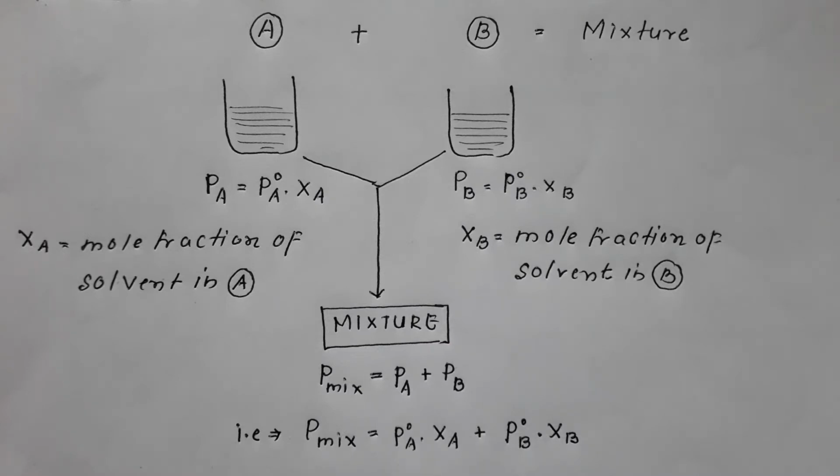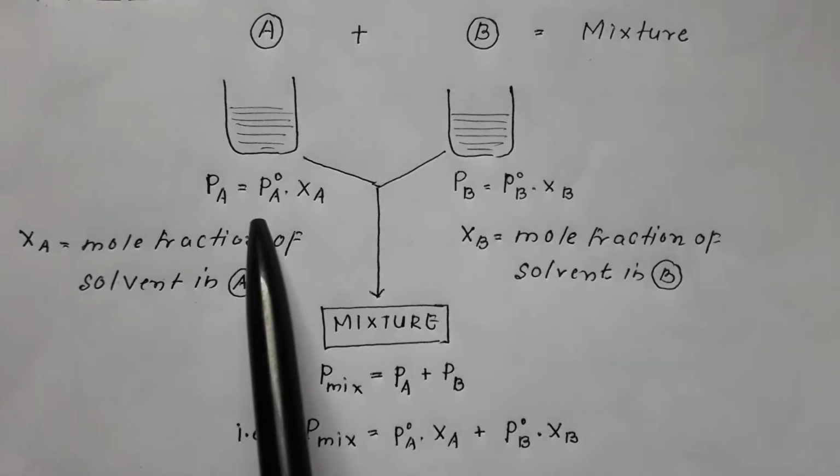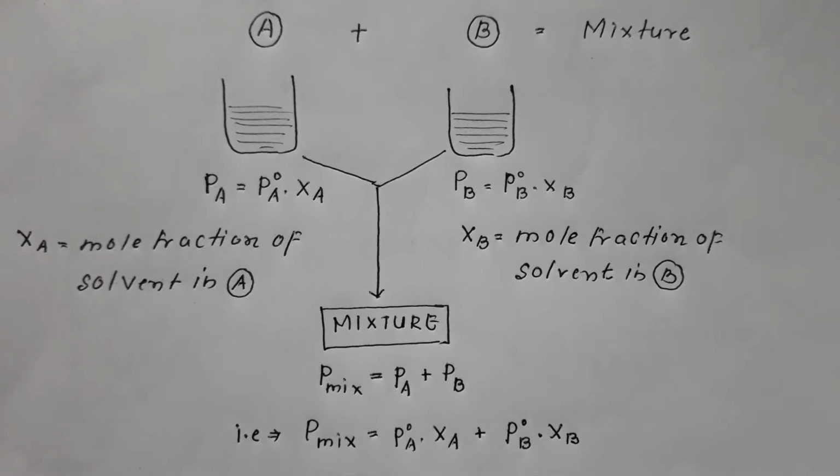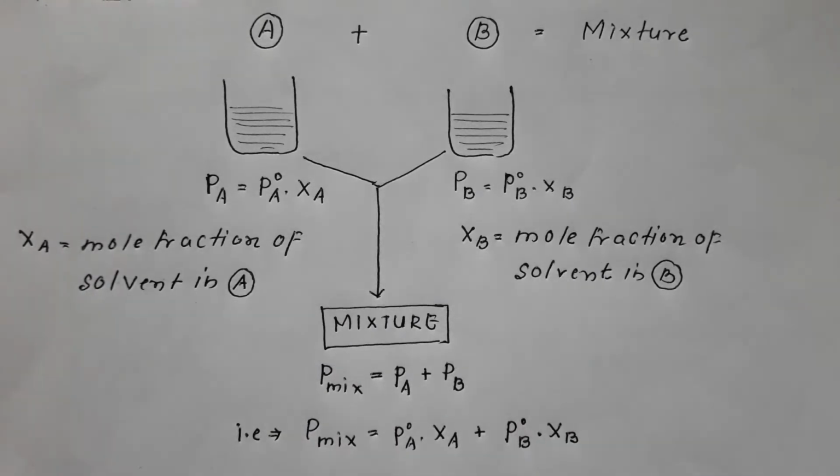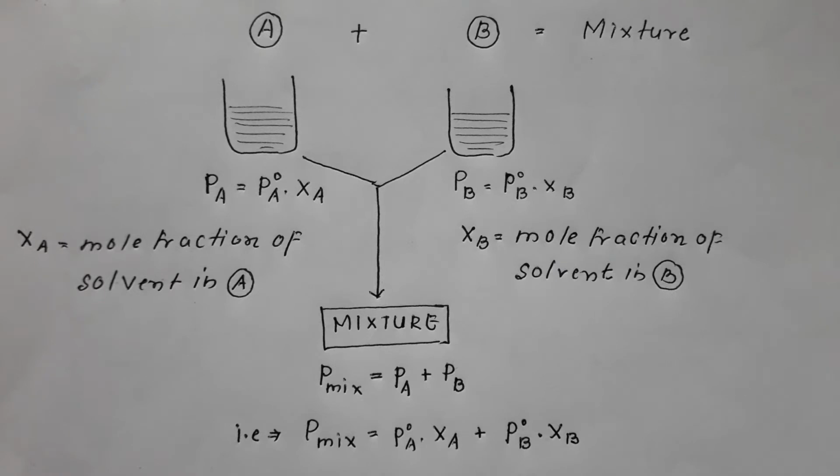What is the value of PA? It is P0A into XA. What is the value of PB? It is P0B into XB. So the vapor pressure of the mixture is equal to P0A into XA plus P0B into XB, where XA is the mole fraction of solvent in A and XB is the mole fraction of solvent in B.